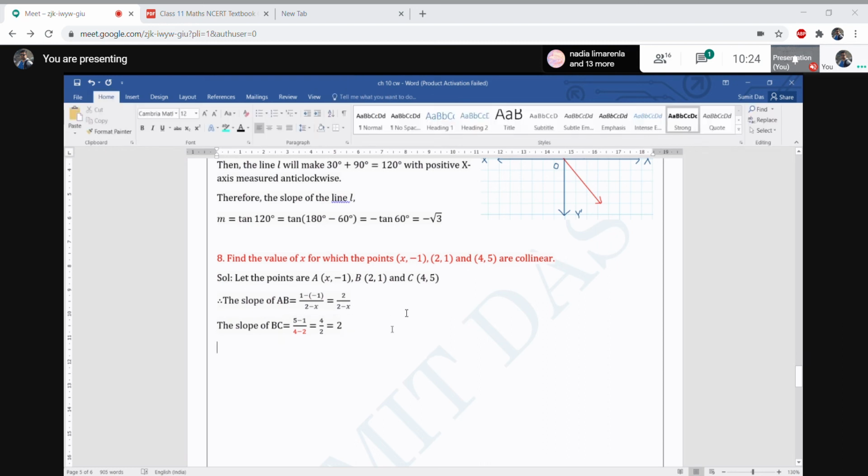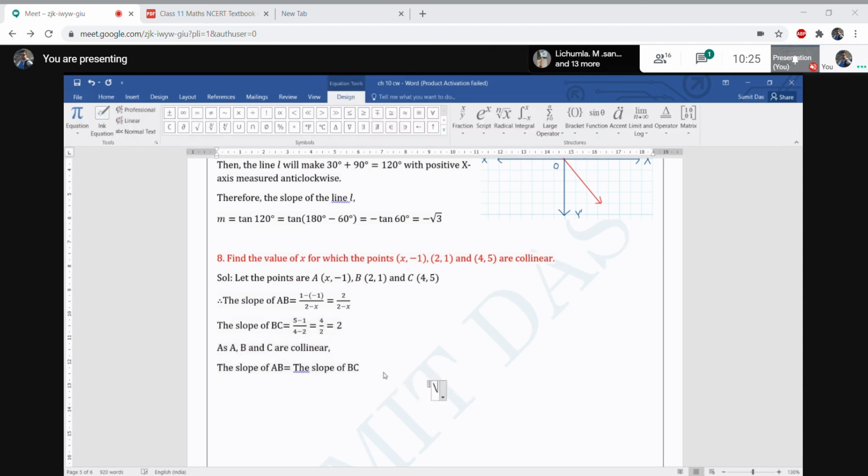As A, B and C are collinear, slope of AB equals slope of BC, right? As they are collinear, their slopes are equal.